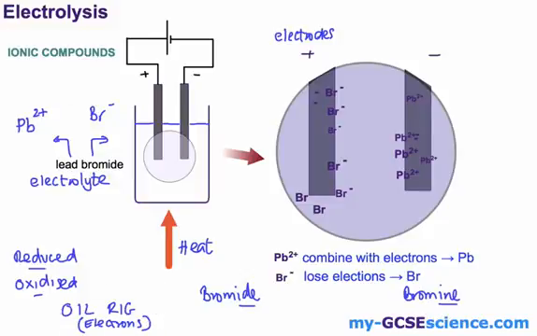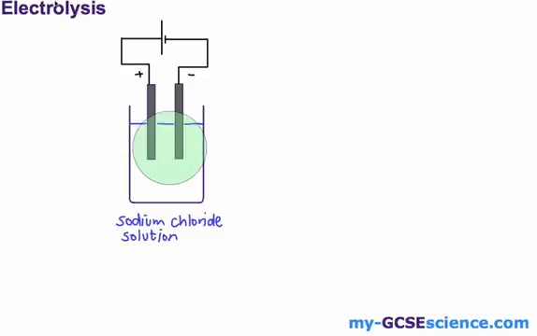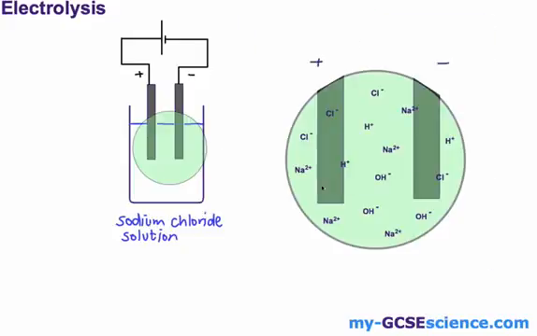The next thing I want to cover just very briefly is that we don't necessarily always need to melt compounds in order to carry out electrolysis. With something like sodium chloride, we can dissolve it in water, so we end up with sodium chloride solution. The slight problem there is that we don't have just the sodium and the chloride ions moving around in the solution. We also have hydrogen ions and hydroxide ions, and these two, hydrogen and hydroxide, come from the water.